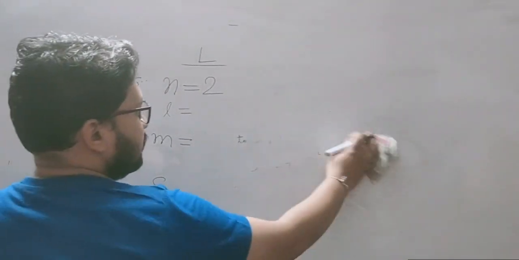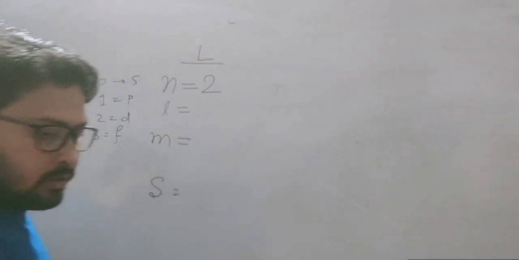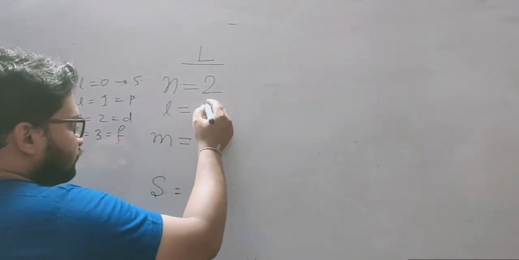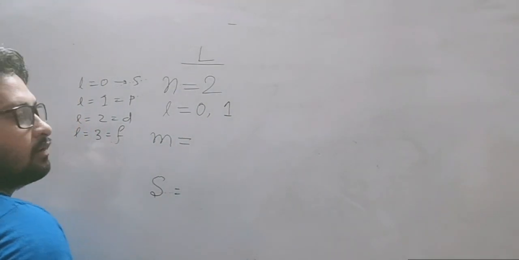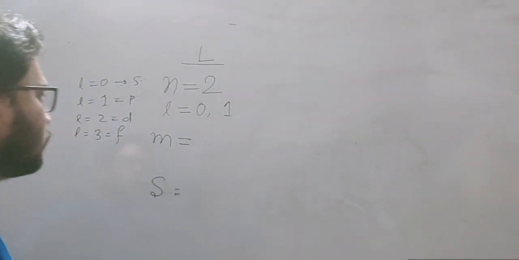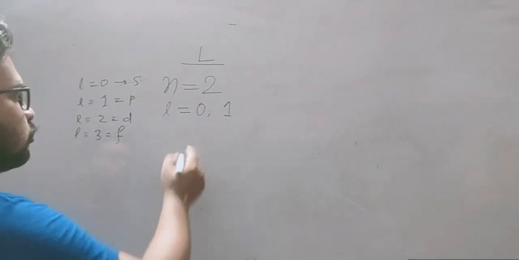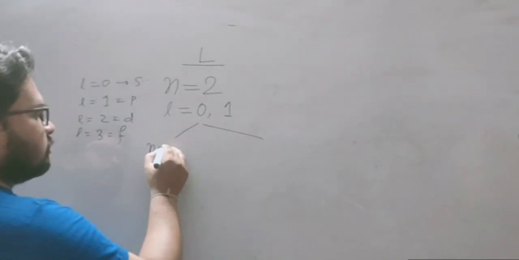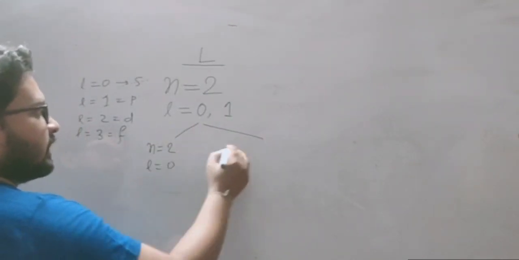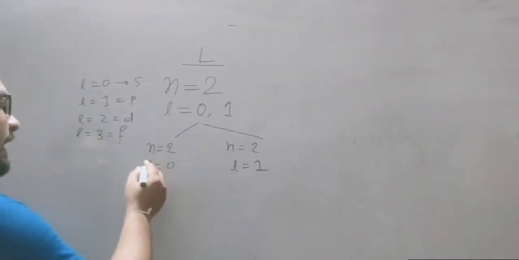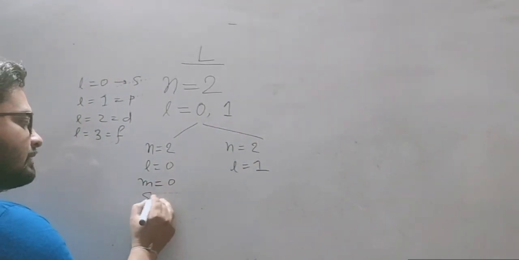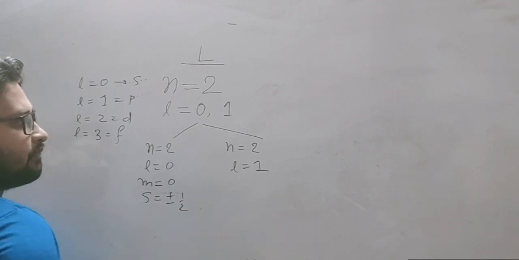I have a correction. For n, the value of l is equal to 0 and 1. So we can divide it into two groups, where n equal to 2 and l equal to 0, and n equal to 2 and l is equal to 1. For l equal to 0, m equal to 0 and s is equal to plus minus half.